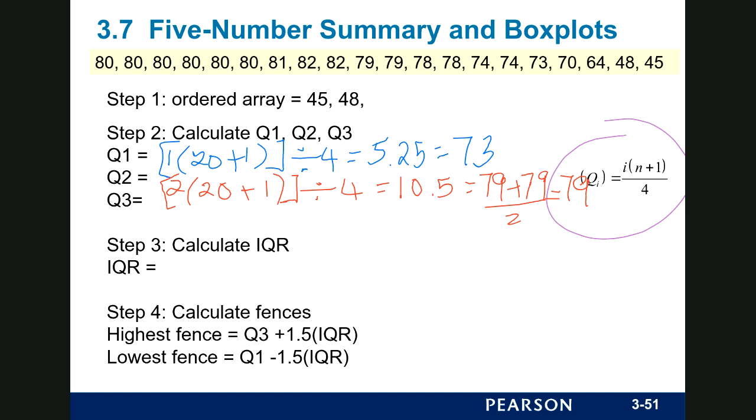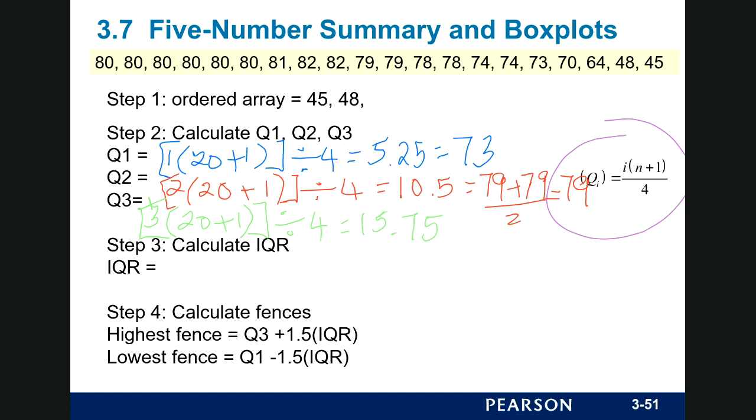So that's 3 times 20 plus 1, the whole thing divided by 4. And Labna, you don't have an answer for us? Okay, so that position is 15.75. Yep, thank you.